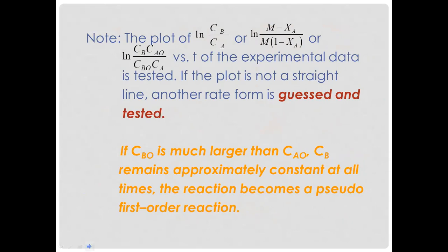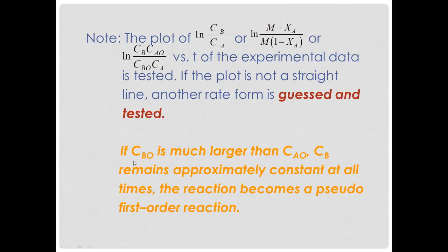Now, what is the consequence, or what generalization can we get out of the formulas that were equated in the previous slide? So if CBO is much larger than CAO, meaning if the initial concentration of your second species B is so large that CAO's value is negligible compared to CBO, CB remains approximately constant.